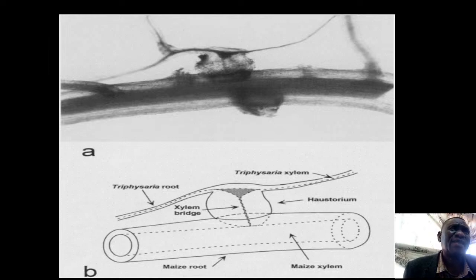So the haustoria is like a bridge between the host and the parasite. It is used to extract water, carbohydrates, and mineral salts from the host.